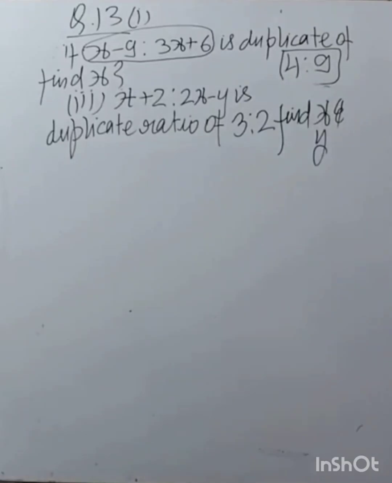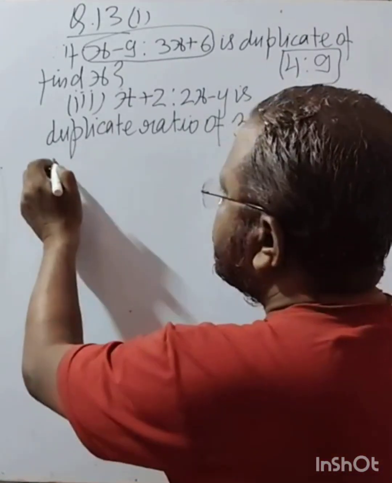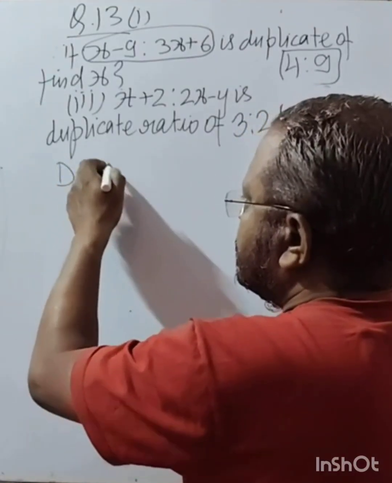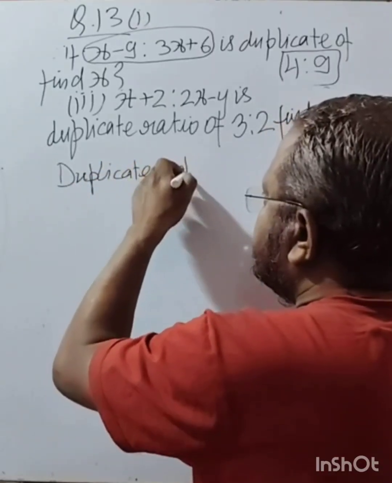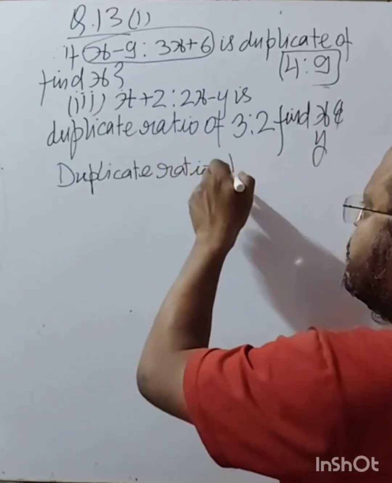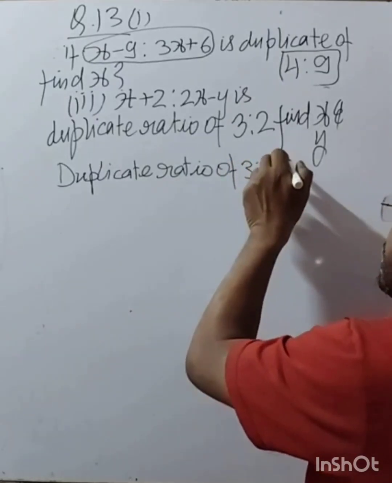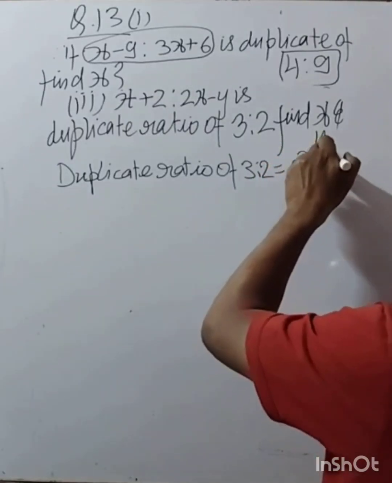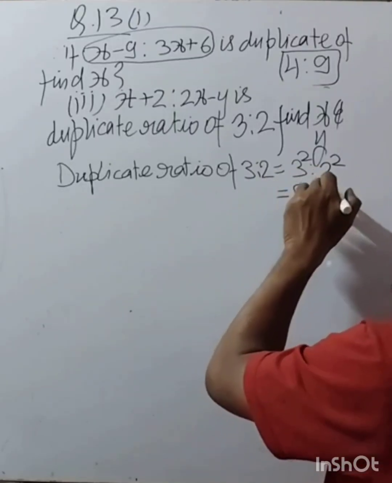Okay. So we will write the duplicate ratio of 3 ratio 2 is equal to 3 square ratio 2 square, becomes 9 ratio 4.